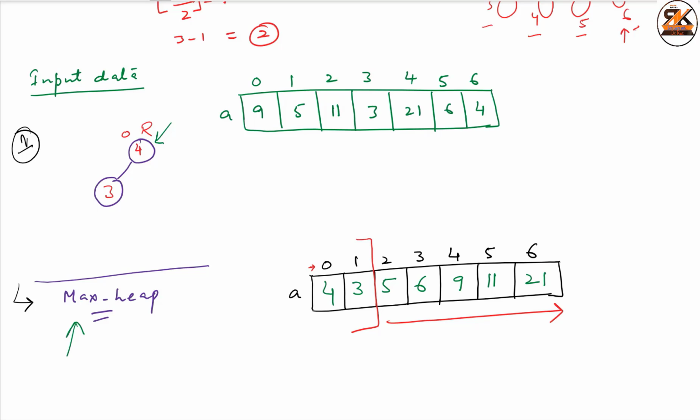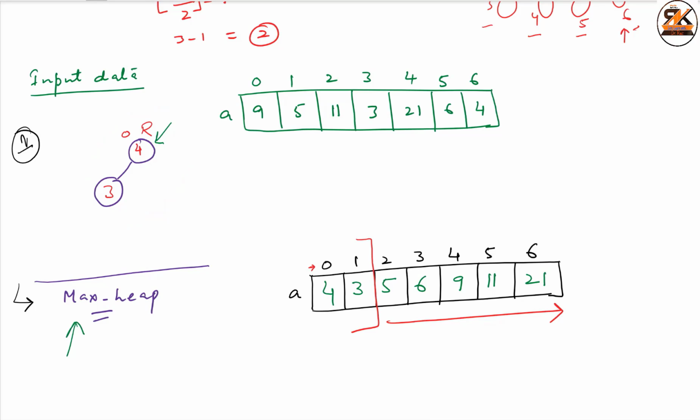Okay, and when we see this tree, we find that the value at root position is greater than its left child, as we have only one child here, so it is already heapified. So we have to replace the value at root position with the last element of the tree.